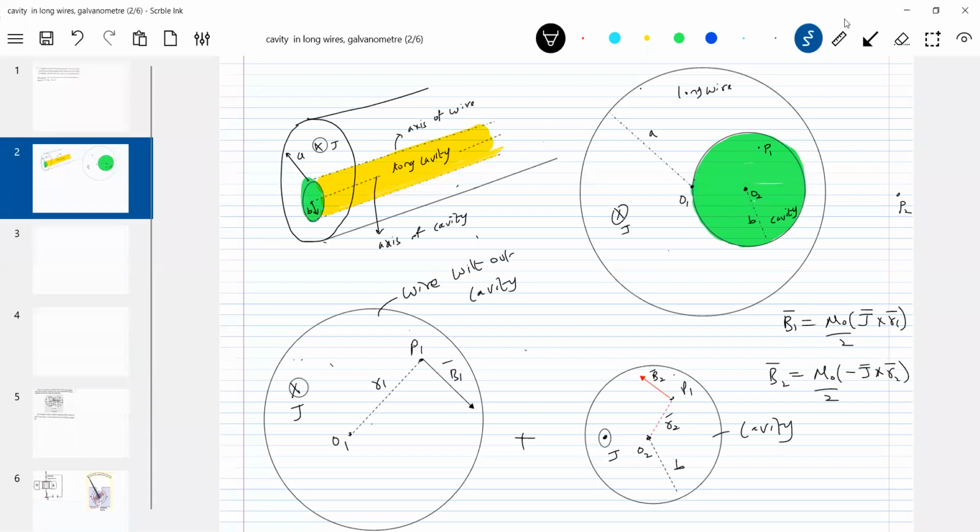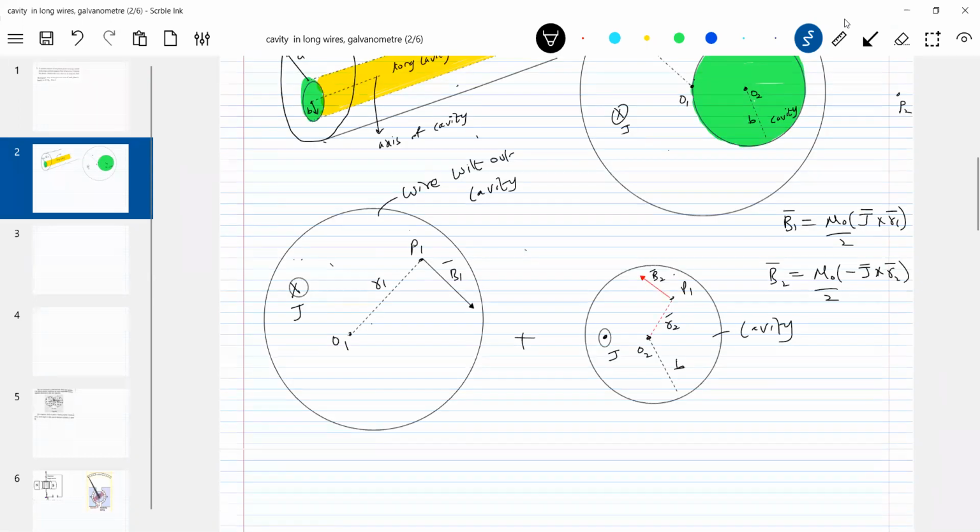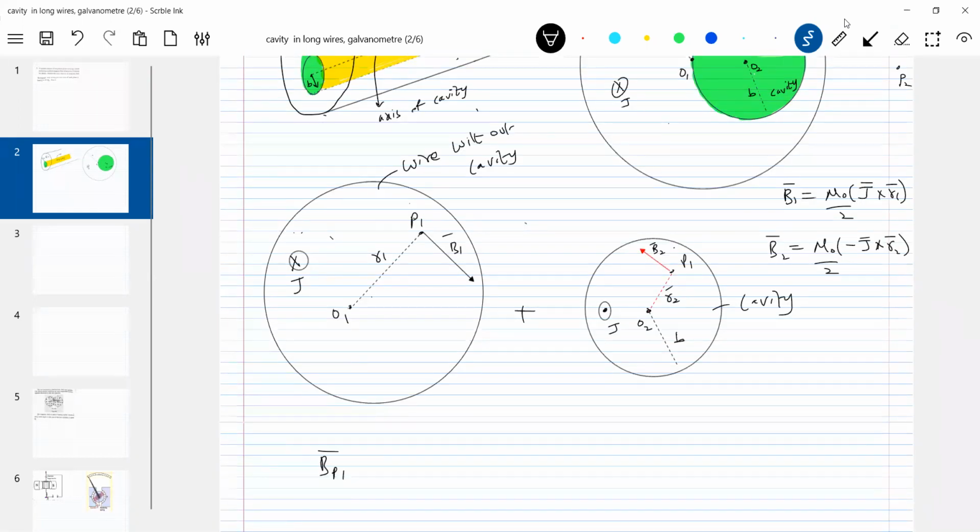So what is the resultant field at that particular point? The field at point P should be the vector sum of these two. So the resultant field at point P is B1 bar plus B2 bar, which is mu naught by 2 J bar cross R1 bar plus mu naught by 2 minus J bar cross R2 bar.